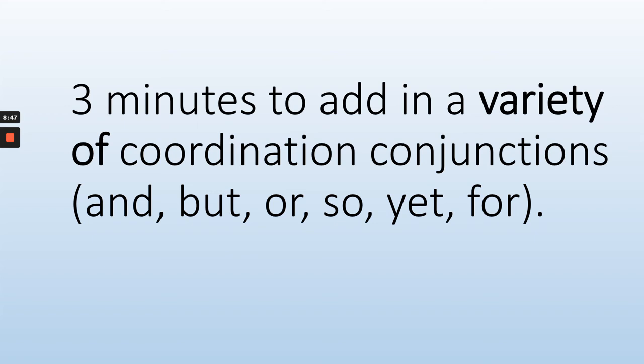Press pause while you read through your work and make sure you have a variety of coordinating conjunctions. If you need to remind yourself what a coordinating conjunction is, you can go back to the previous slides to remind yourself. Press pause and press play when you're ready to continue.